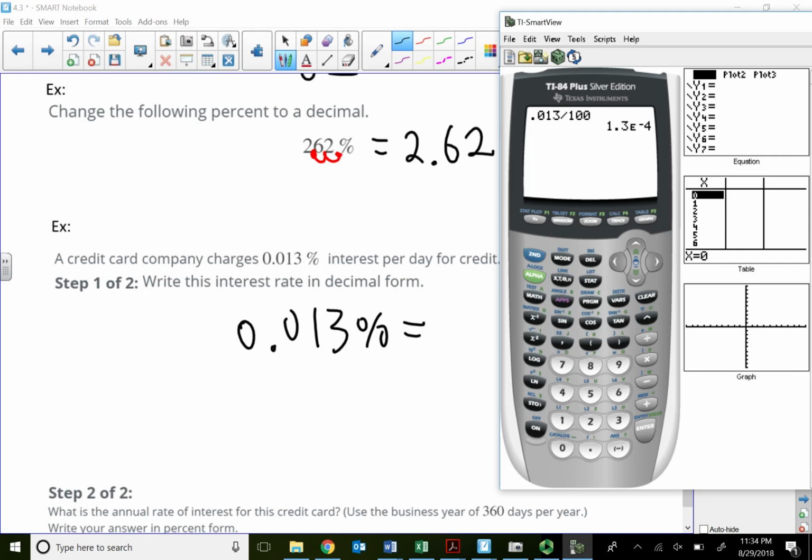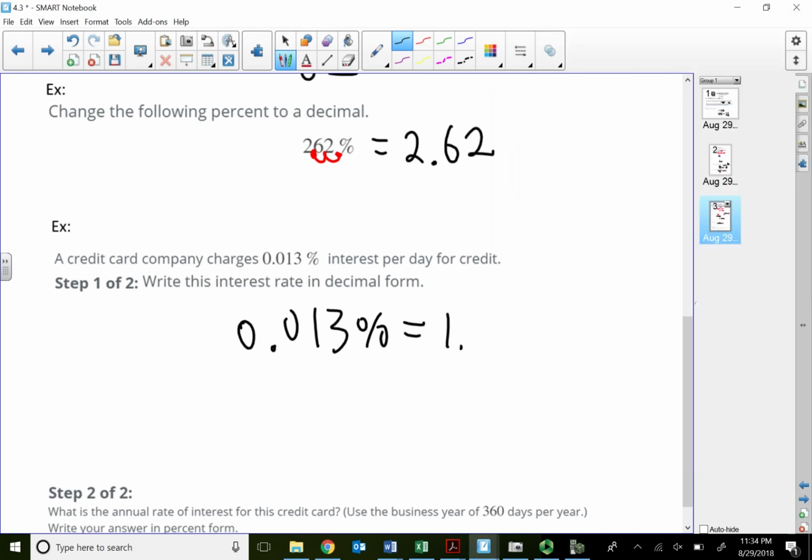And that will give me, oh, what is this? 1.3e negative 4. If you run into this, the e, in another module, we will talk about this. This represents times 10. The negative 4 means times 10 to the negative 4 power.